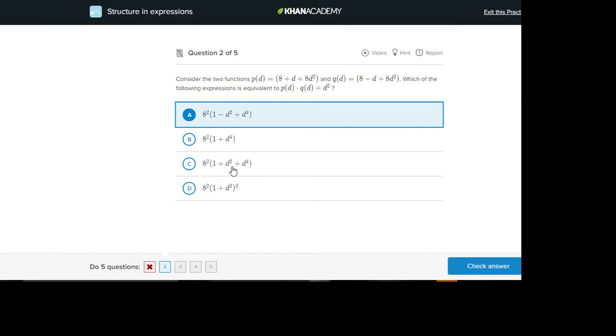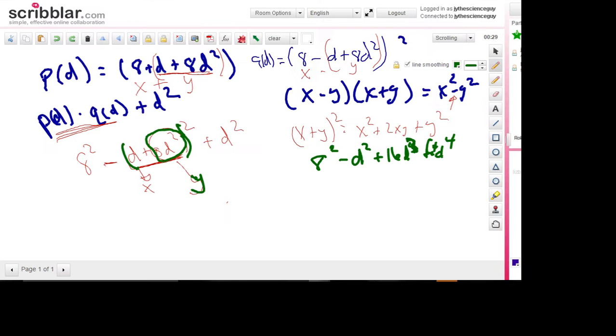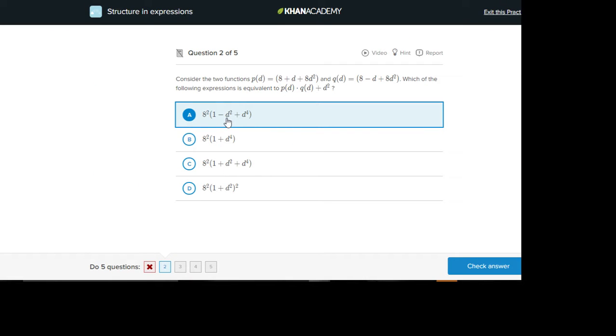I'm thinking that it is C. So I have a minus sign here. So when I factor that negative 8 squared, I'm going to get a negative. That's the only one that has a negative sign in it. Wait, C? A, I'm sorry.